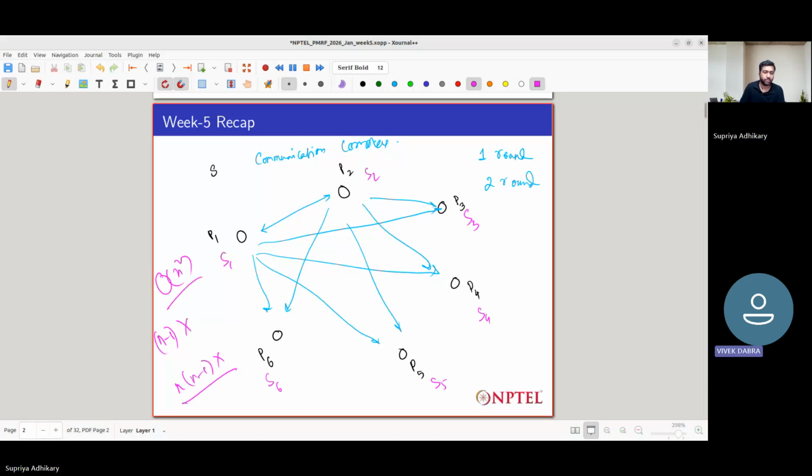So when we talk about one round of reconstruction, this reconstruction phase will take order of n square communication in order to generate the secret S from all these shares.